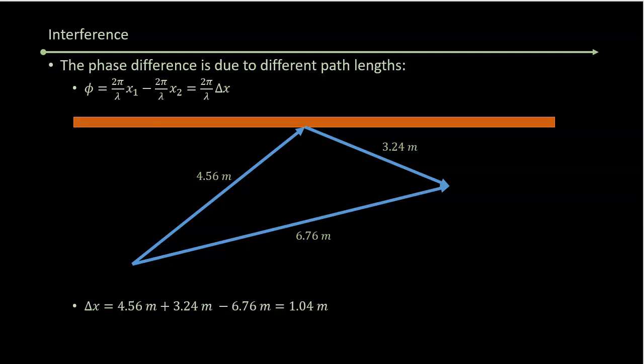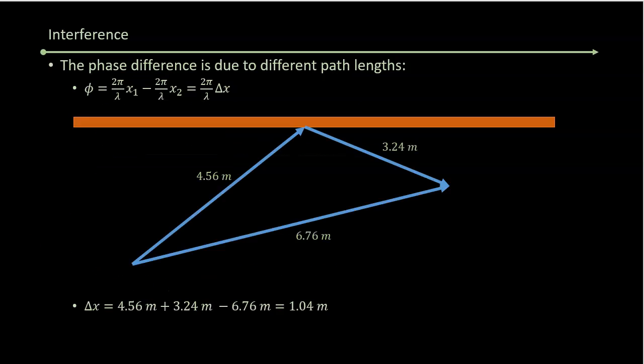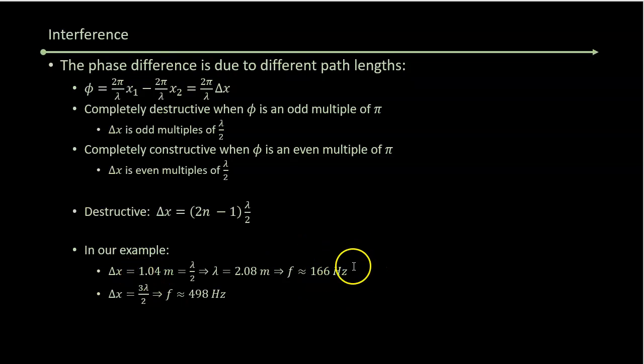And notice, it's completely destructive if the path difference is an odd multiple of half a wavelength. It's completely constructive if it's an even multiple of half a wavelength. So for destructive interference, we can do it like this: 2n minus 1 gives us all the odd numbers. Well, that means in this example up here, if you're sitting here, then 166 hertz is gone, and 498 hertz is gone, and 800 something hertz.